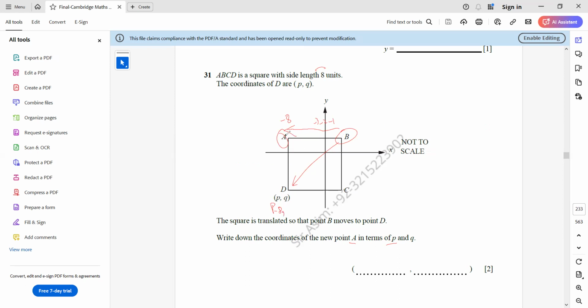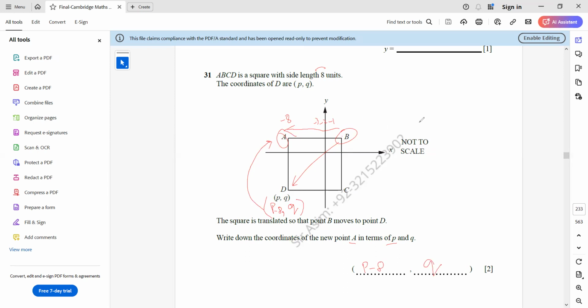Since B and A are exactly on the same height, same level, its Y coordinate would be the same, having coordinate Q. So these are the coordinates of A. P minus 8, then height is Q.